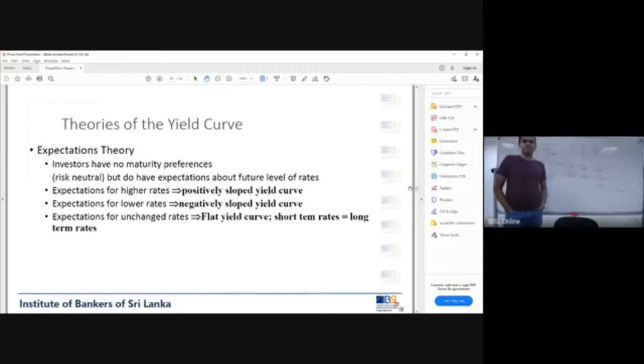Expectations for higher rates lead to a positively sloped yield curve. Right? Higher rates expectation means everyone will want to invest short term and borrow long term. So long term demand is high, long term supply is less.